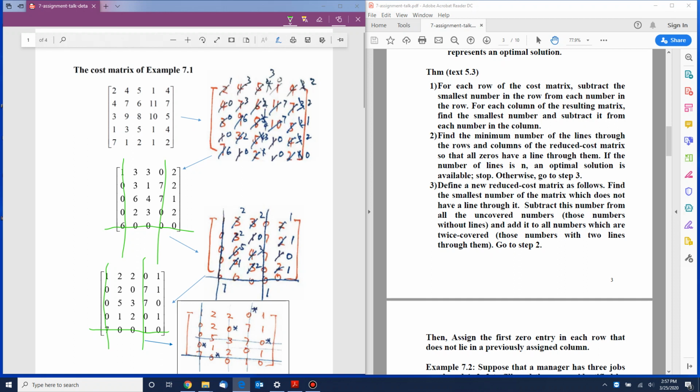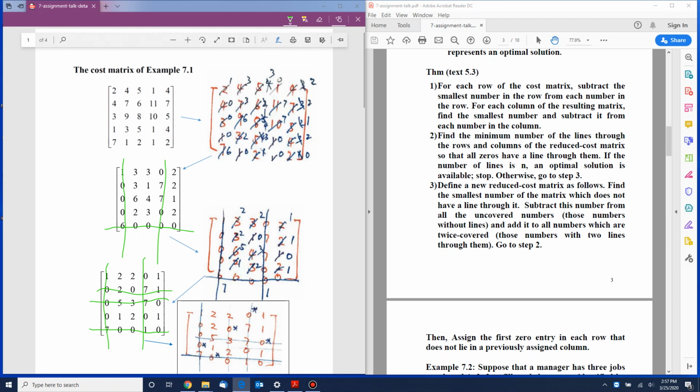It doesn't matter whether you use a horizontal line or a vertical line to cover it. Anyway, when we try to cover with the least number of lines, here you can see we used 5 lines, and the size of this matrix is 5 by 5. So in this way we have an optimal solution.